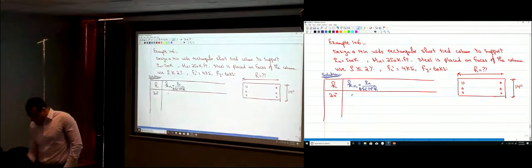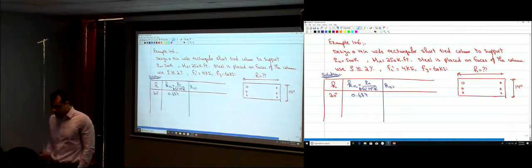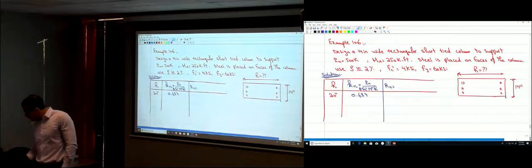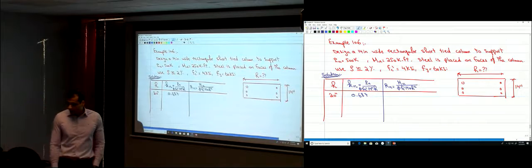So Kn would be 0.687. You find Rn according to the assumed value of H, okay? So how much is Rn? It's M nominal, which is M ultimate divided by phi, Fc prime, area gross, which is 14 multiplied by H, so that's H squared.